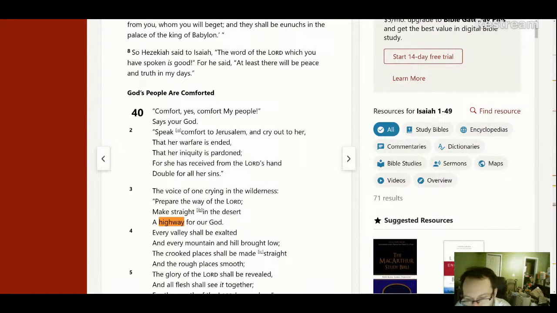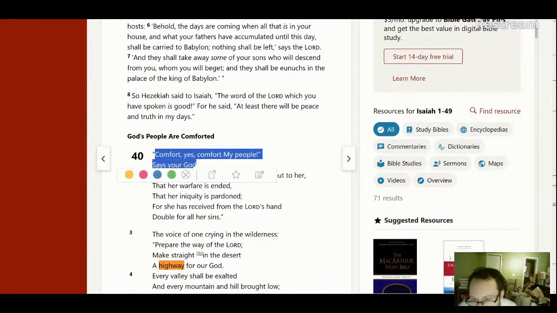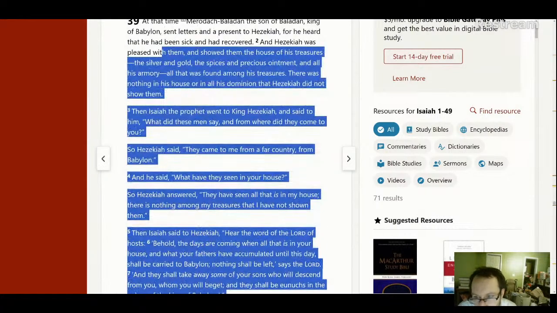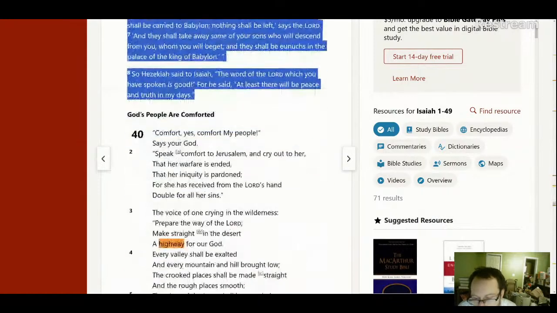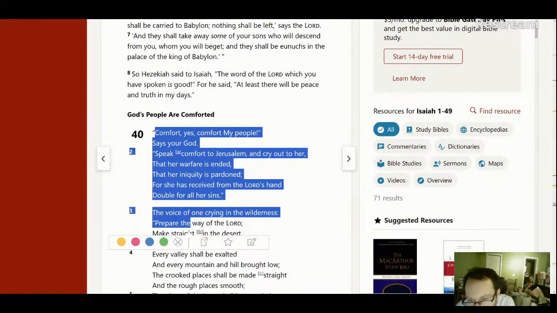Her iniquity is pardoned, for she has received from the Lord's hand double for all her sins. So why, first of all, in the other places it says Isaiah started talking. Well, it doesn't tell us here. So why does it go from, look at the translation of this, chapter 39, the extract from 2 Kings, then it goes back randomly to chapter 40 with no introduction whatsoever, no segue, no transition.